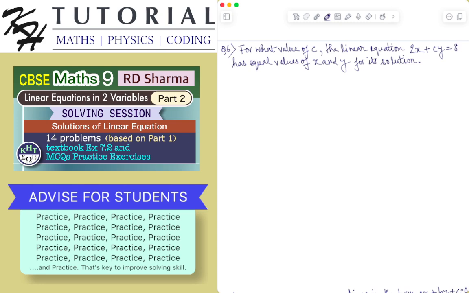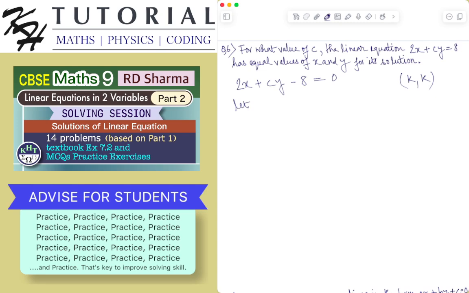It is saying that 2x plus cy minus 8 is the given linear equation in standard form, and it is asking what should be the value of c. c must be a constant so that all the roots of this given linear equation will be of the form k comma k. That is, the value of x and y of the root will be equal. So let's say k.